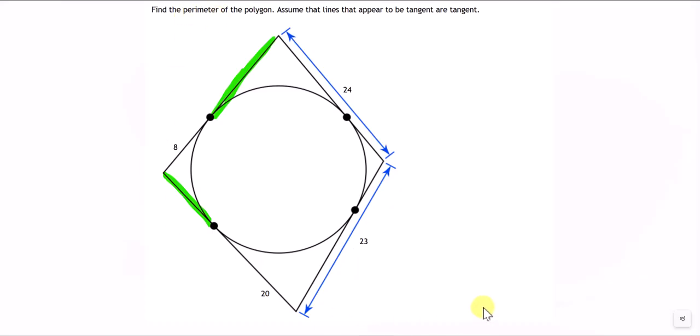So how do we solve this question? There is a theorem that says the tangents drawn to a circle from an outside point are equal.